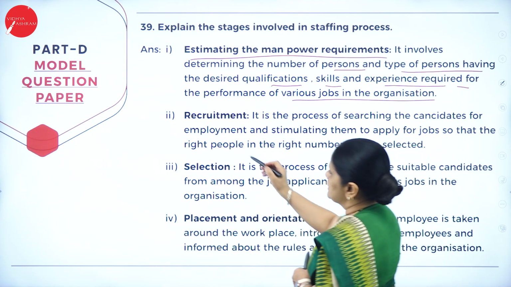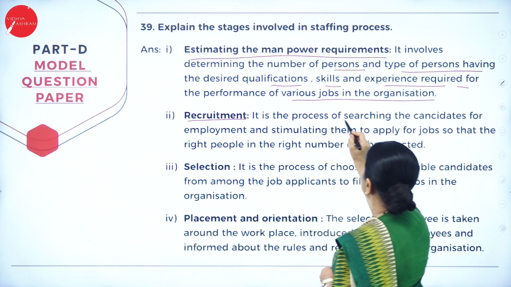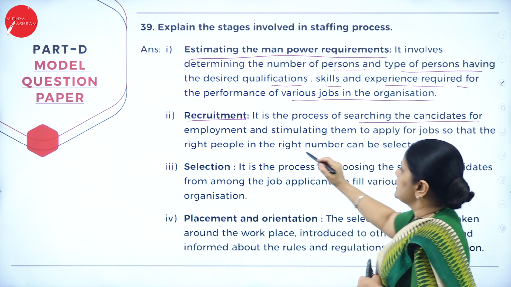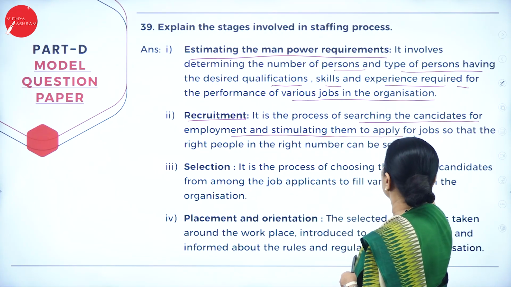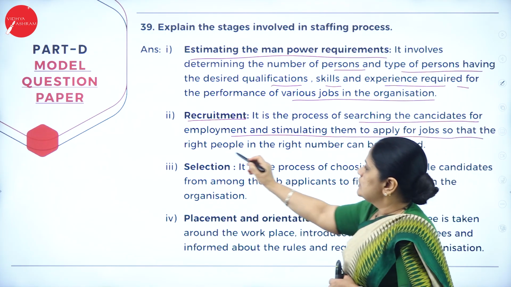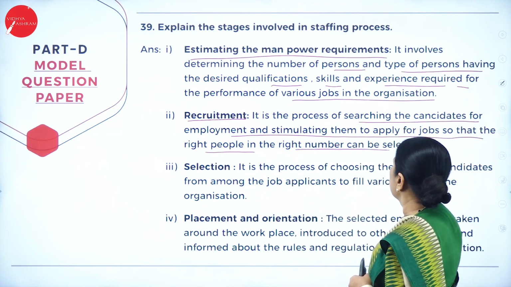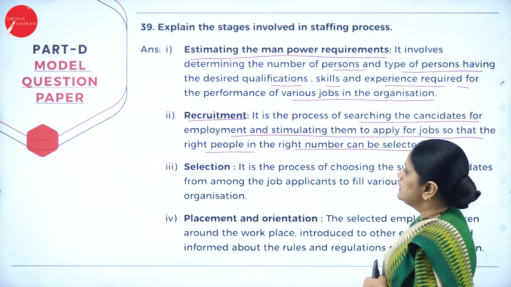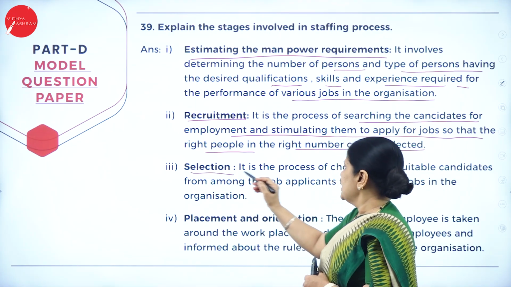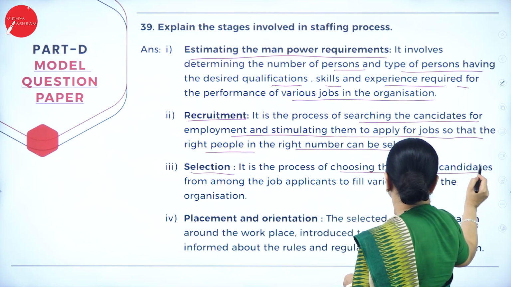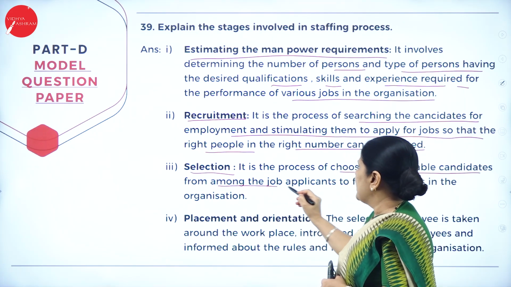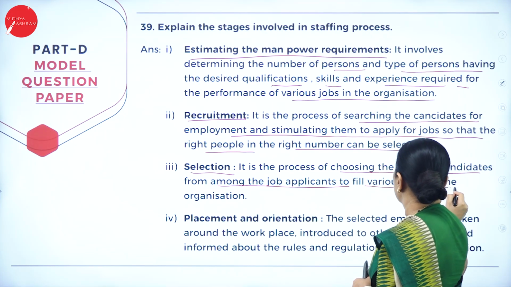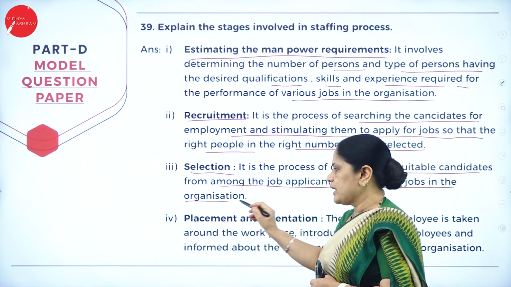Second process is the recruitment. It is the process of searching the candidates for employment and stimulating them to apply for jobs so that the right people in the right number can be selected. So that is recruitment. Third one is the selection. It is the process of choosing the suitable candidates from among the job applicants to fill the various jobs in the organization.